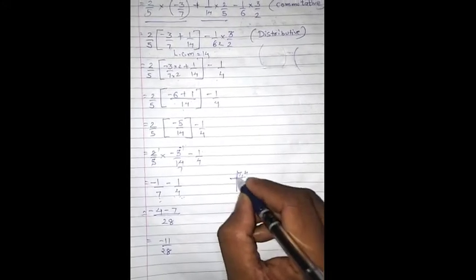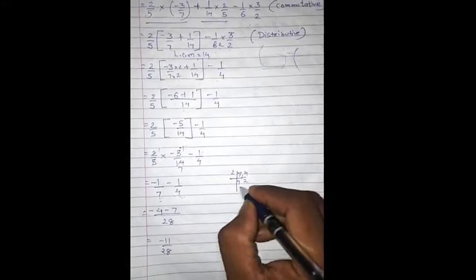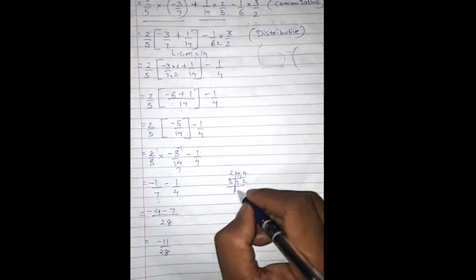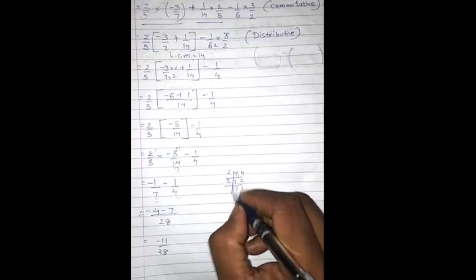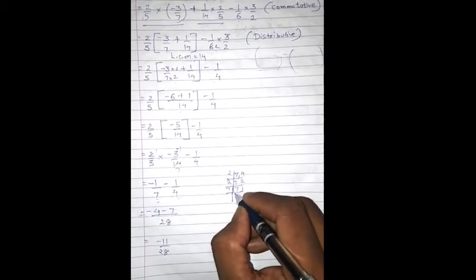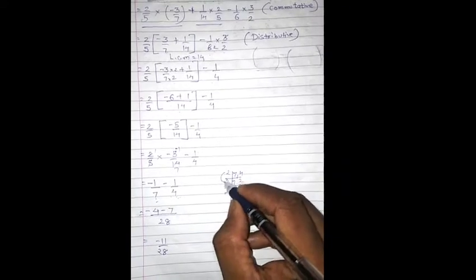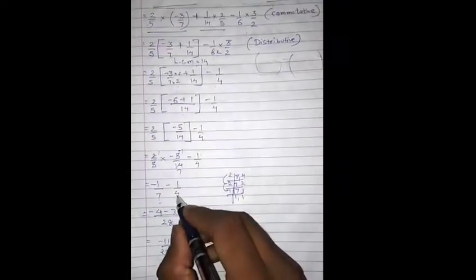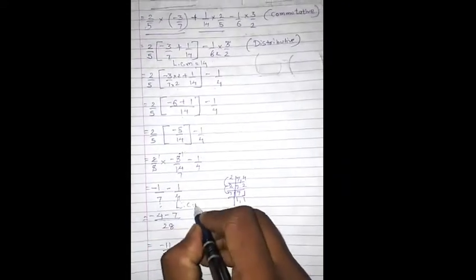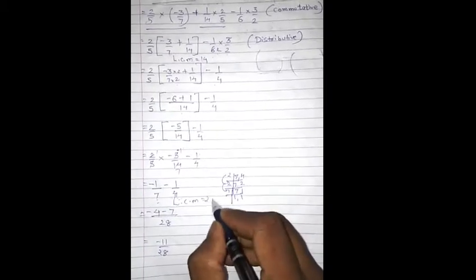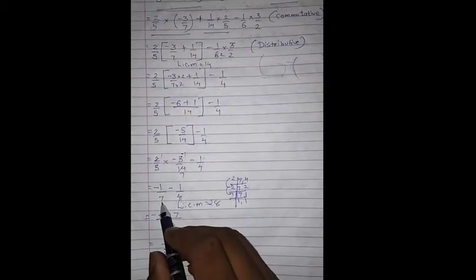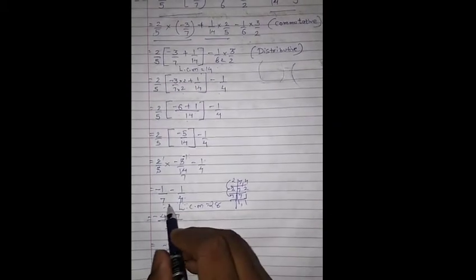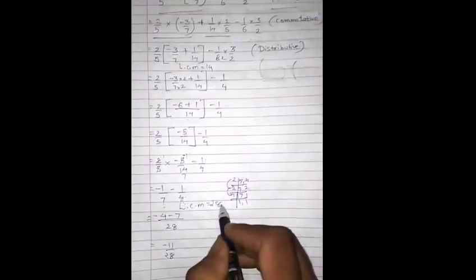7 and 4. So 2 7s as it is, 2 2s are, then again 2 1s are, then again 7 1s are. So 2 2s are 4, 4 7s are 28. So LCM is 28. Now to equalize the denominator, you have to multiply both denominators by a number to get this 28.